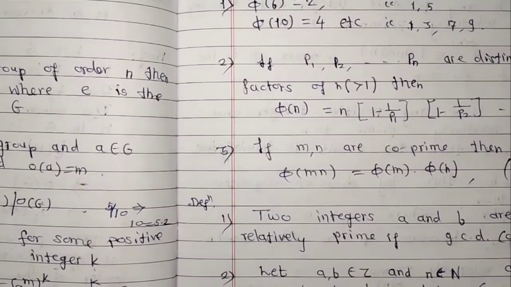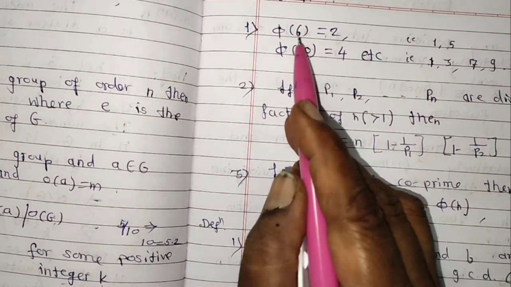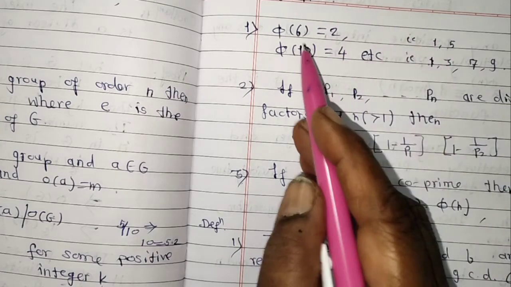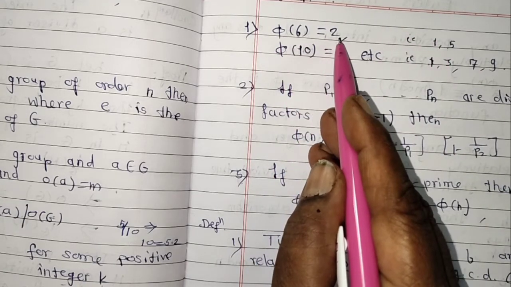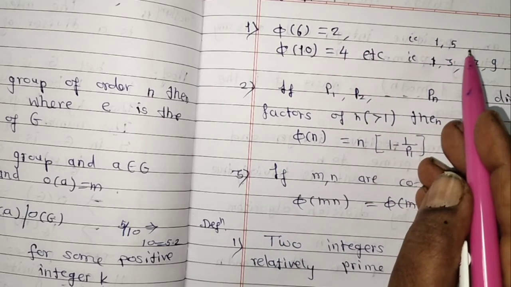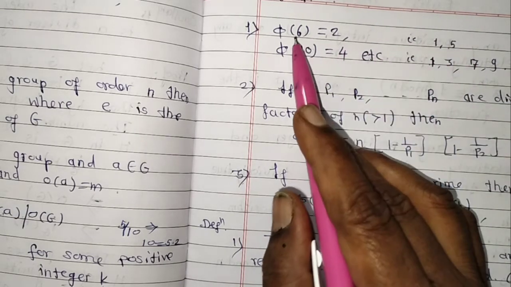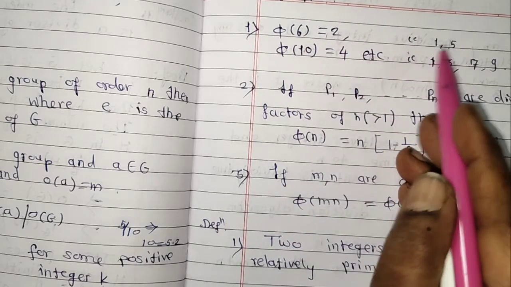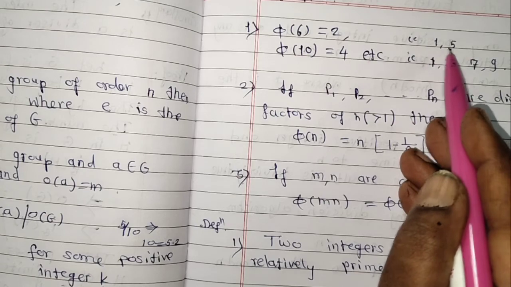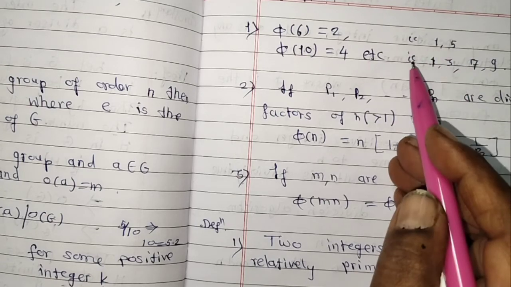So for phi of 6, the numbers must be less than 6 and they must be relatively prime. Phi of 6 equals 2, which are the numbers 1 and 5, since they are less than 6 and they are relatively prime since their common factor is 1. These two are relatively prime.